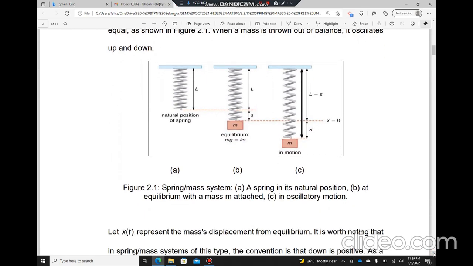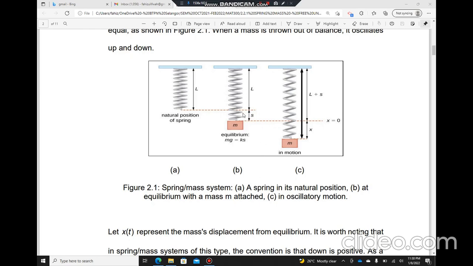Okay, spring mass system. First yang ni natural position of spring. Okay, for A, natural position of spring. So yang ni mula-mula spring yang tanpa bebanan ataupun tanpa mass. So kita assume panjang spring ni adalah L. Okay, then bila kita letak satu mass dekat sini, so dia akan ada pemanjangan spring which is S. So this one at equilibrium with a mass M attached.